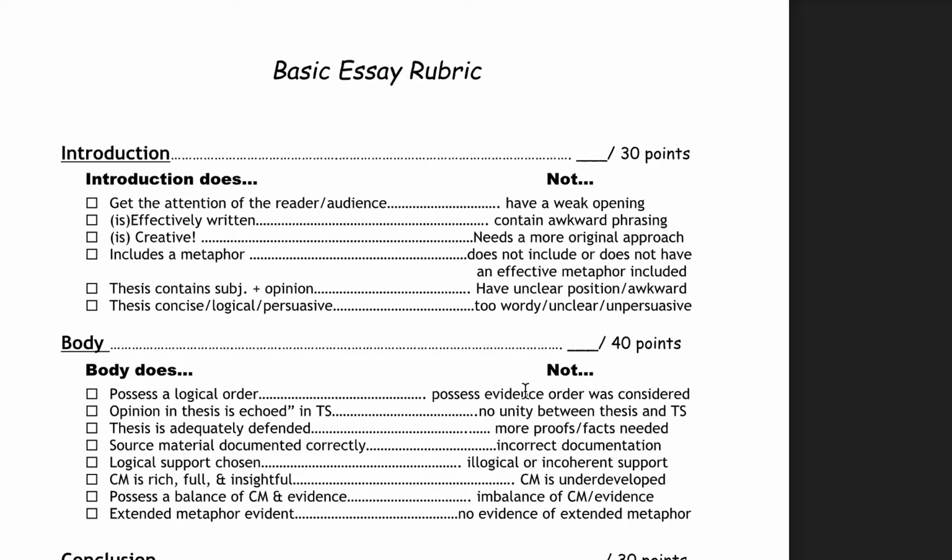Okay, so I said it a little differently that time, showing you that you can still be concise and logical, and you can still contain the subject and get directly to the point you're trying to make. So there's not just one way that you can word your thesis statement, but I do expect you to articulate the thesis based on your language and your style, but make sure that you are direct and to the point.